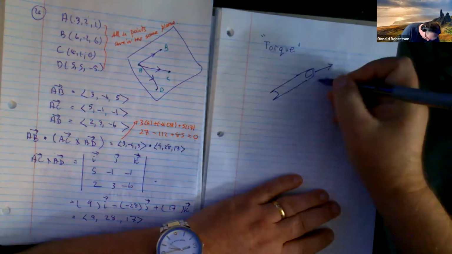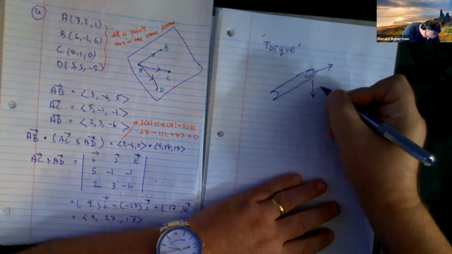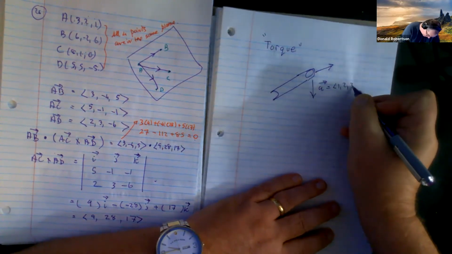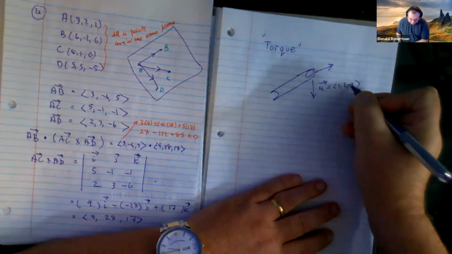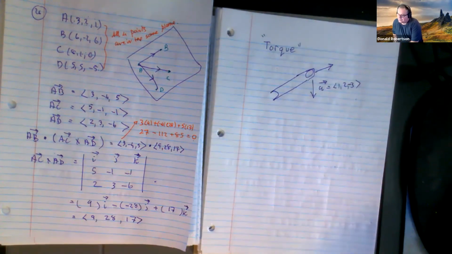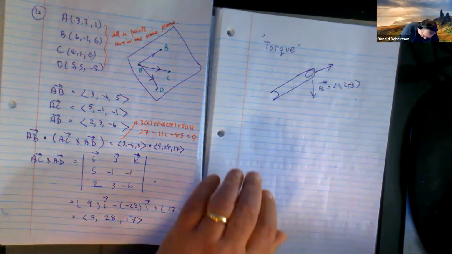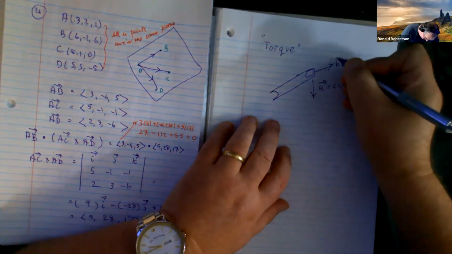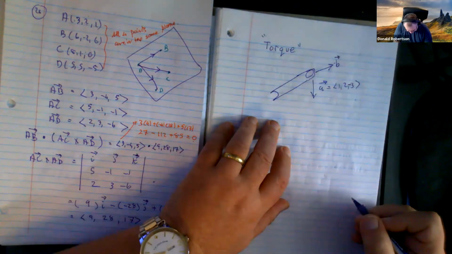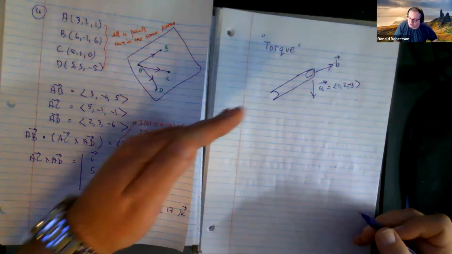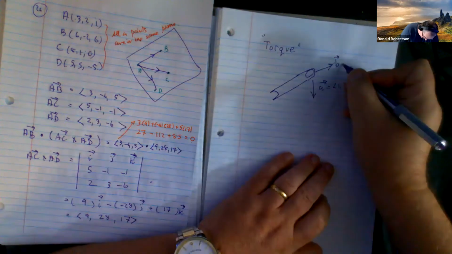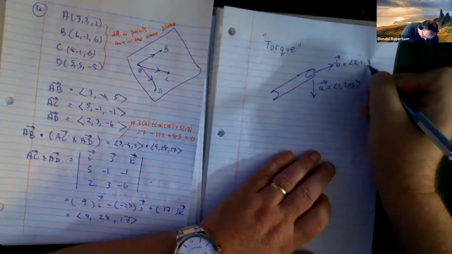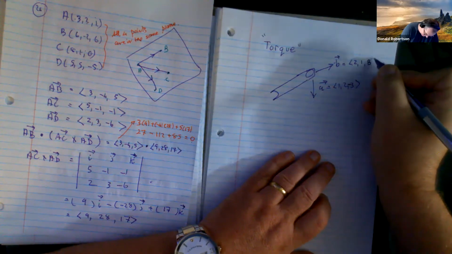Right, I'm pushing the spanner down in that 3-dimensional direction. 1, 2, -3. Okay, and this thing here is going to be the direction that the spanner is in, right? The orientation of the spanner, and this is in the orientation 2, 1, 8 there.